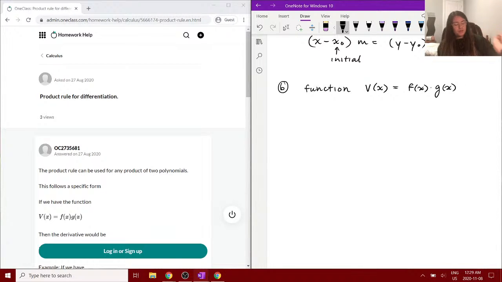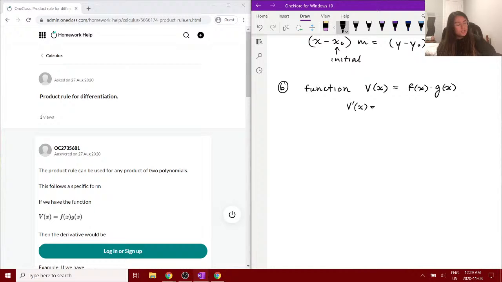All right, so if we want to take the derivative of this function, this would be a notation of the derivative of the function, right? We're trying to figure out how to take the derivative of these two terms when they are multiplied by each other. That is considered the product rule, okay?